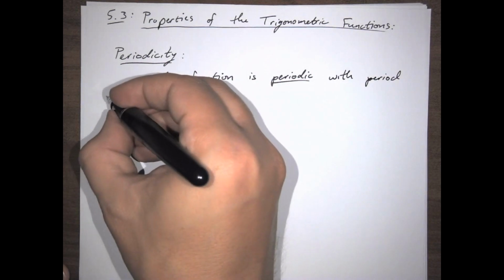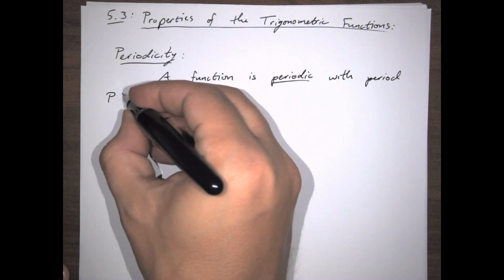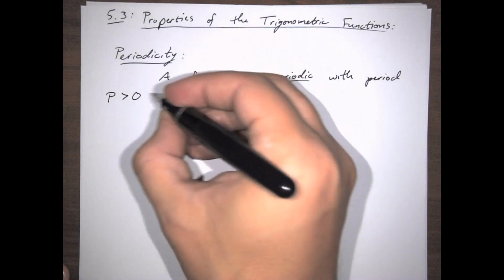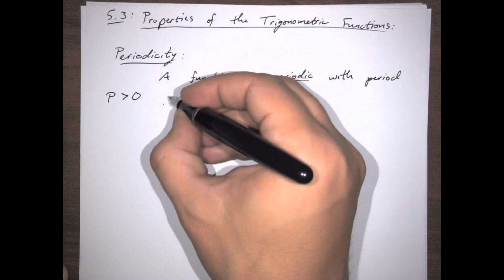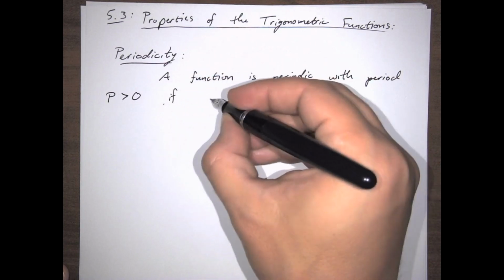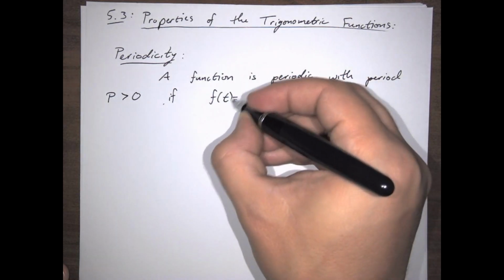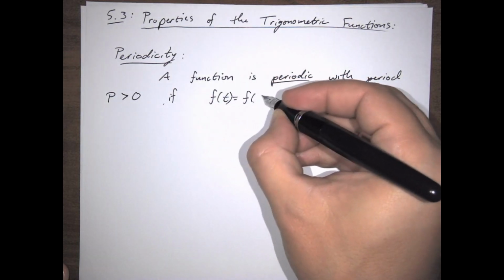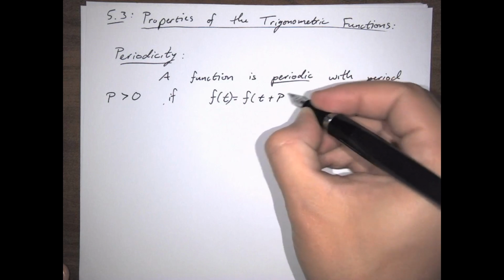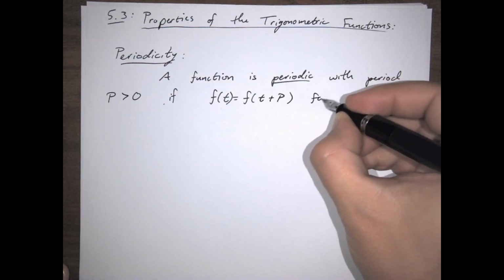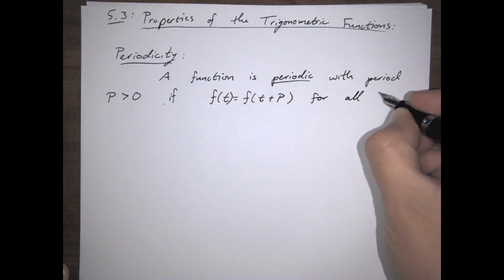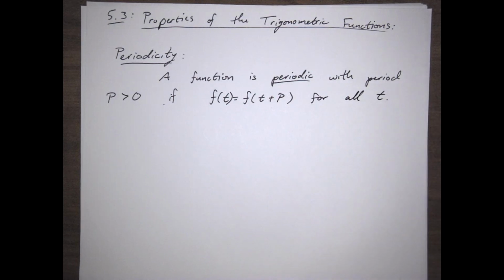with period p greater than 0 if f of t is equal to f of t plus p, for all t.